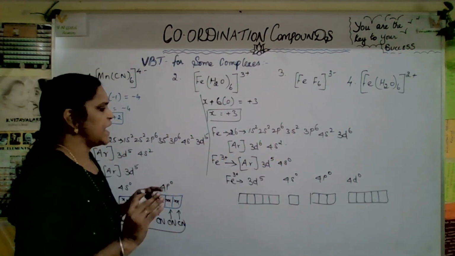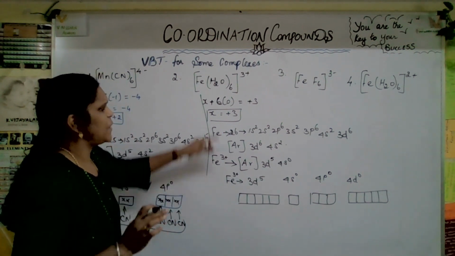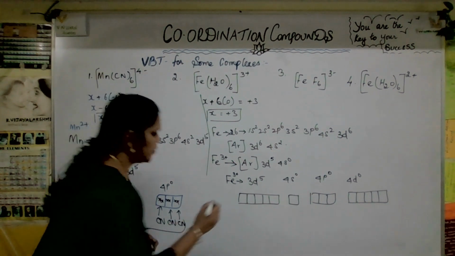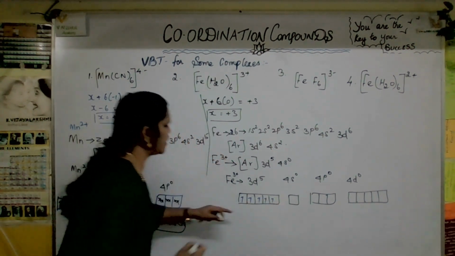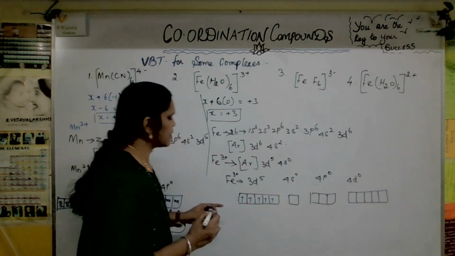Now we have to fill the electrons. Can it pair up or not? It cannot pair up. So automatically you will get unpaired electrons only.